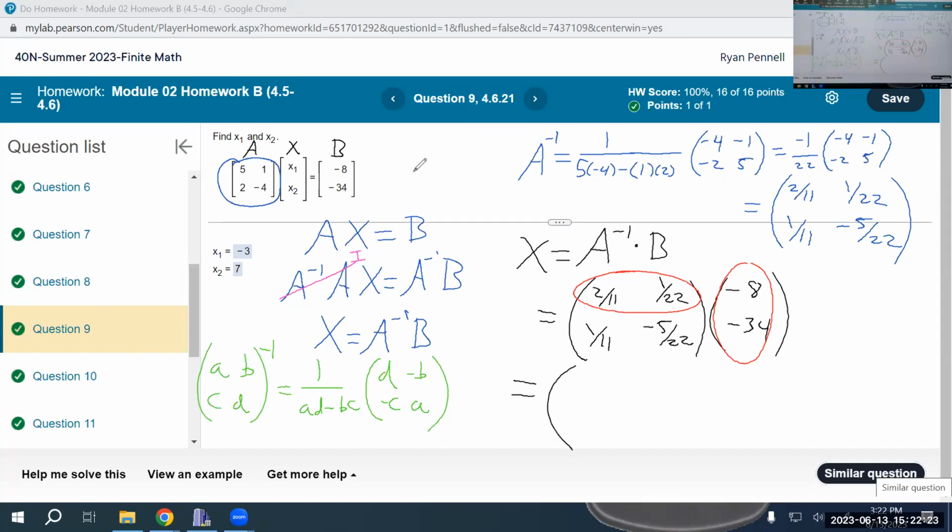So we got 2/11 times -8 minus 3 over 22. 3. And then what's that? Second row, column: 1/11 times -8 plus 34 times 5/22. I got 7.